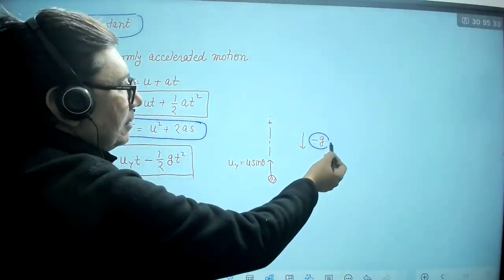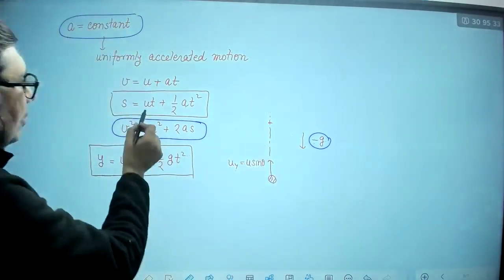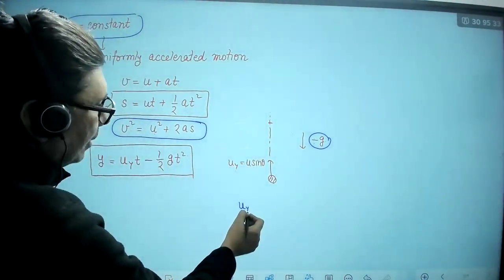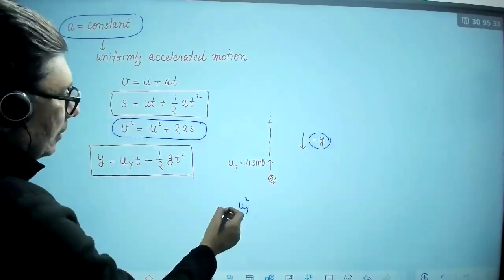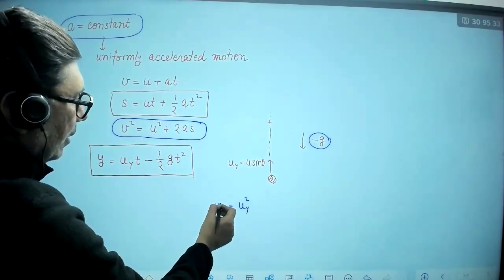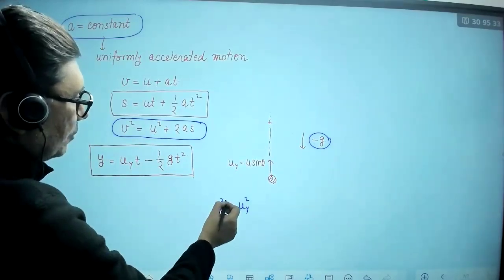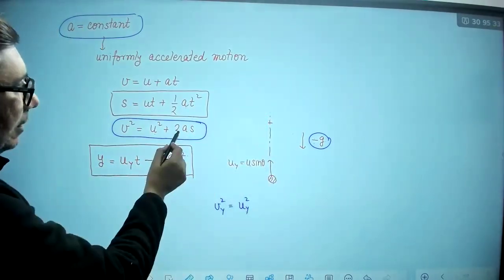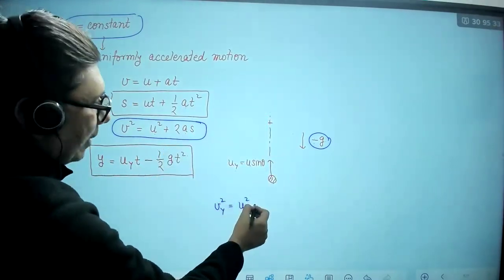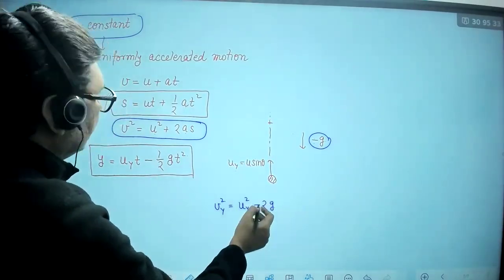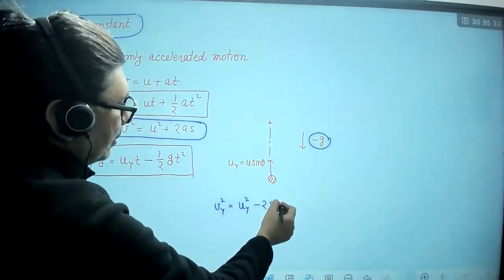That is minus g in the upward direction, so I'm representing this U by Uy. So I'm writing Uy square in place of U square. What will be the velocity in the upward direction after time t? That will be Vy square. Why am I writing this? Because it is moving in the y direction. a is minus g, so I'm writing minus 2g, a is minus g here, and this is H. Okay?